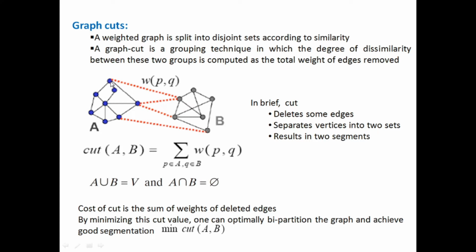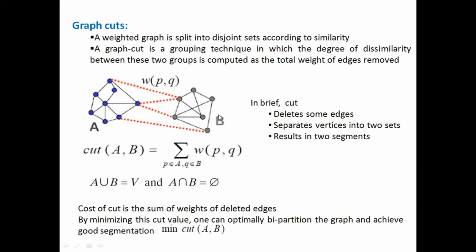Let me name each node V1, V2, V3, V4 up to Vk, that means this graph has K nodes. Partitioning the nodes of the graph into two disjoint subsets, like V1, V2, V3 up to some V's in one subset, and V7, V8, V9, V10 up to some V's coming under the B group.